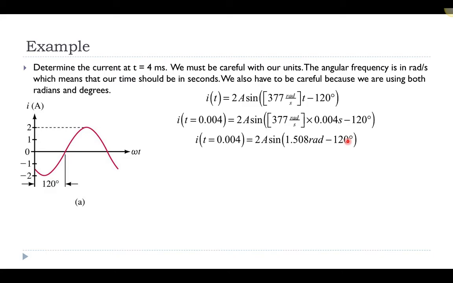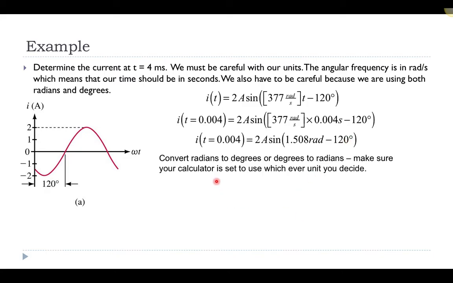So for this example, I'm going to convert radians to degrees, and I'm going to make sure that I have my calculator in this particular case set for degrees. So the way that I do that conversion is I realize that 2 pi radians is equal to 360 degrees, so I can set up my conversion where I have 1.508 radians.